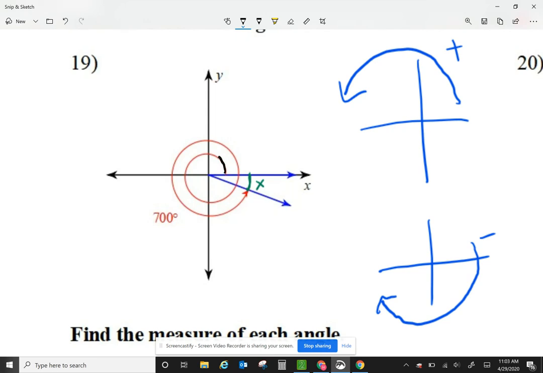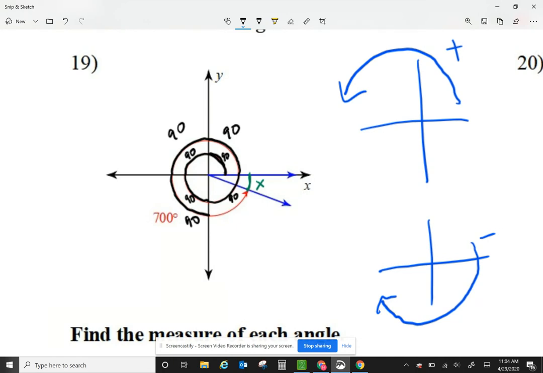I know this right here is 90 degrees. This right here, it's another 90 degrees. This is 90, this is 90, this is 90, this is 90, and this is 90.